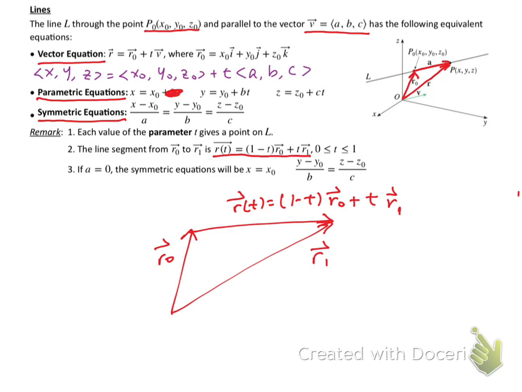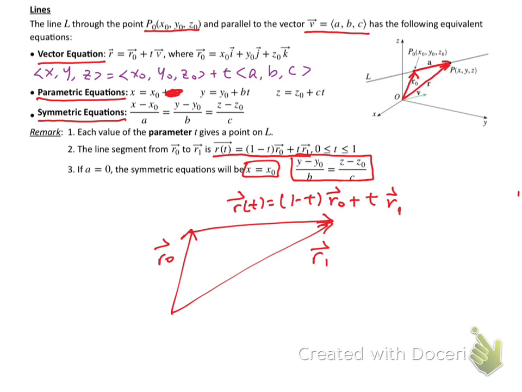We will say, okay, x equals x0 by itself, and then we have the y and z aligned together. So that's a special case when the vector v has components that are 0.